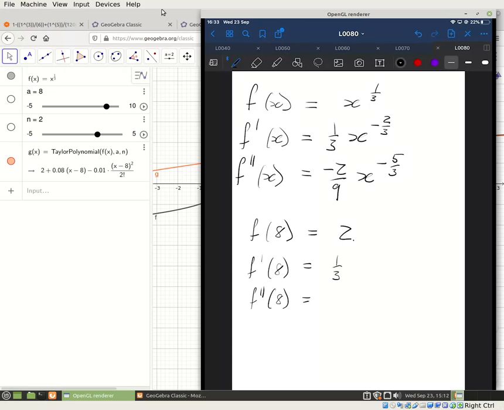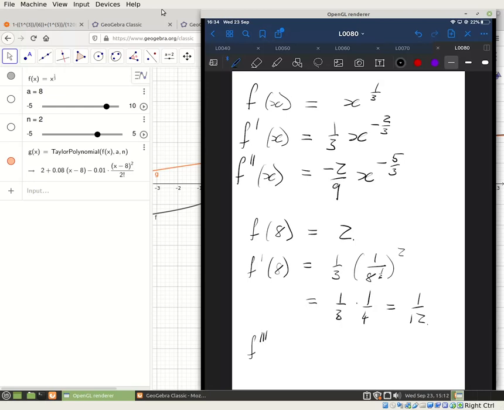This is 1/3 times 1 over x squared, the cube root of 8 squared, so that is 1 over 3 times 1 over 4, which is 1 over 12.